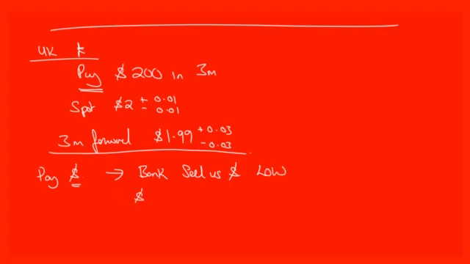So we will have these $200, we will divide it by 1.99 take off 0.03, so divide it by 1.96. Therefore, we will have to pay £102, more or less. Very straightforward. Now, that's a forward.